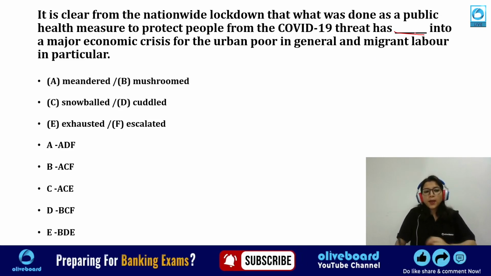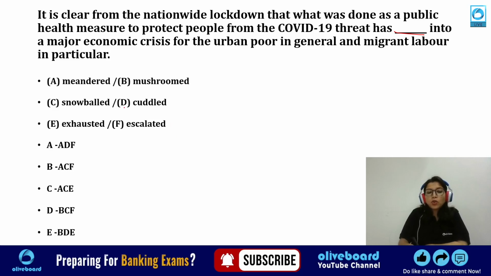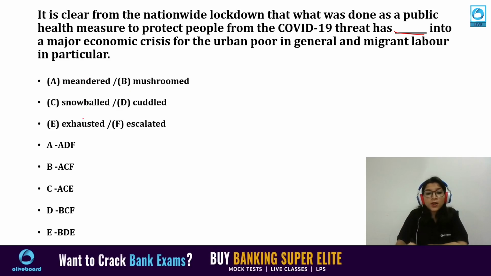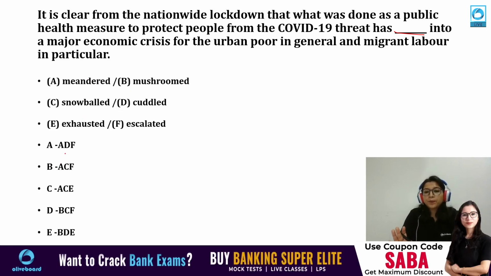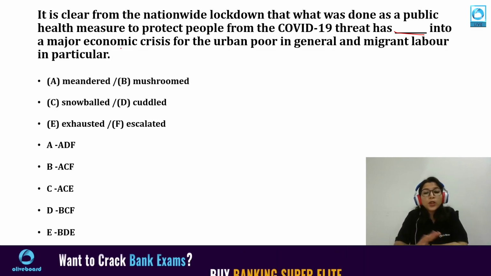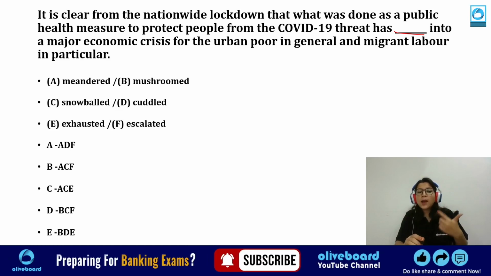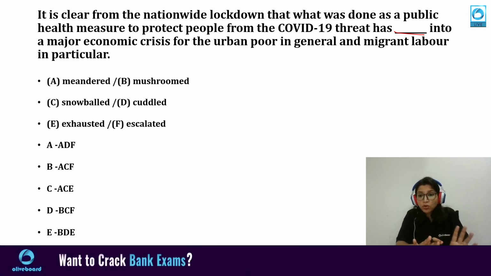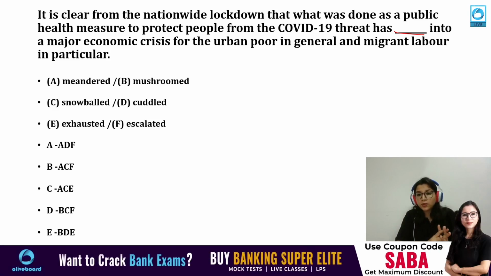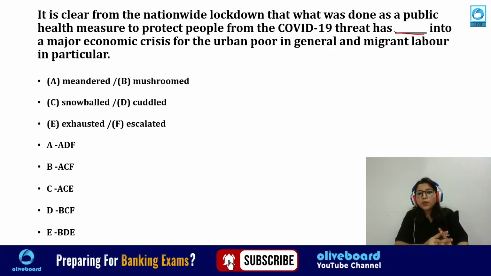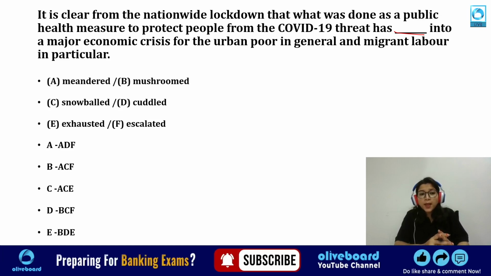This is the blank, and these are the 3 pairs of words. Now you have to check which pair will fit. In each pair, we have to select one word that will fit here as per the meaning. The sentence is quite lengthy, but you need not panic. Read calmly and just let me know and comment what your answer is. Guys, first comment your answers, your scores, and only after that check whether your answer is correct or incorrect. Okay.